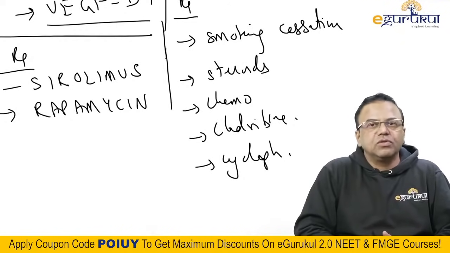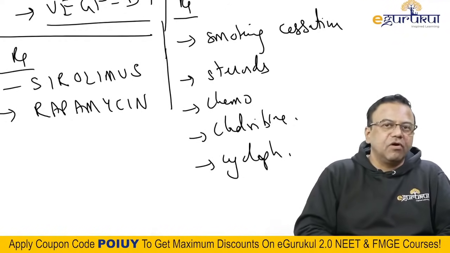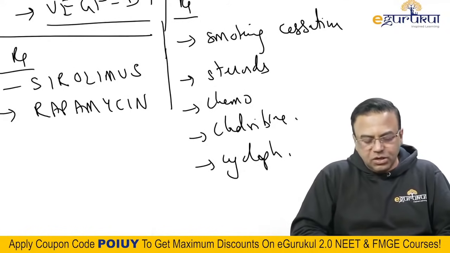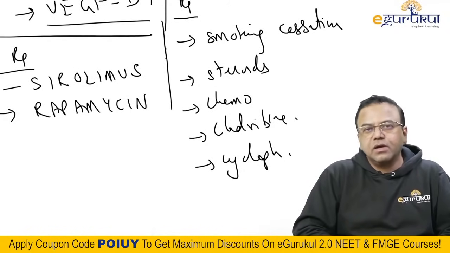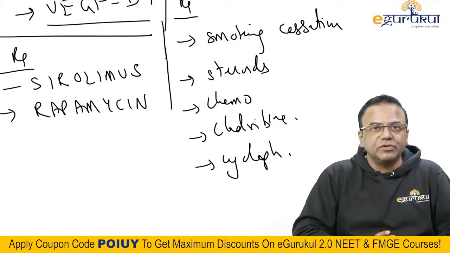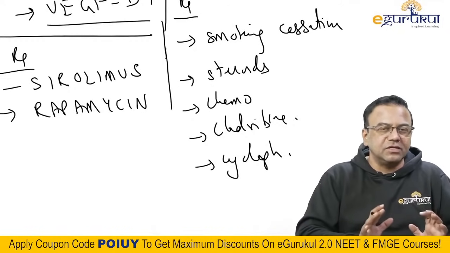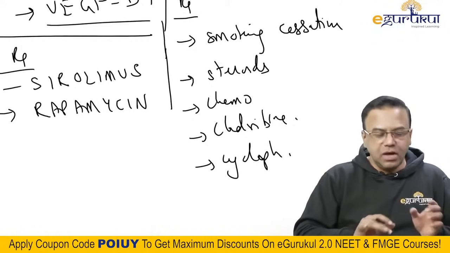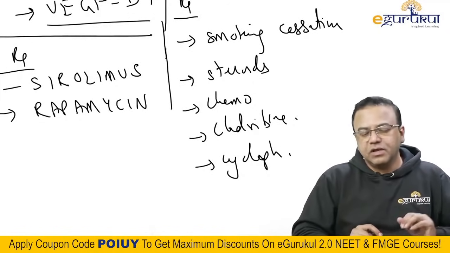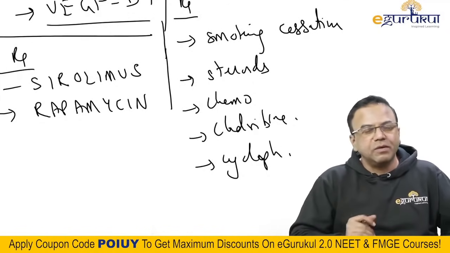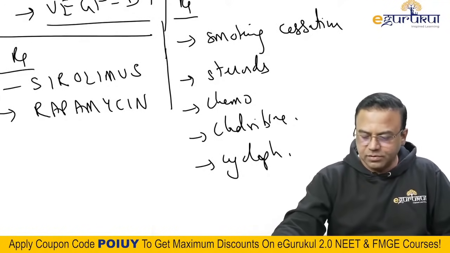I'm just listing one or two, but these are all the treatments tried for pulmonary Langerhans cell histiocytosis. So remember these points to tell whether the MCQ is going towards lymphangioleiomyomatosis or pulmonary Langerhans cell histiocytosis. Whenever they say cystic disease of the lung, think about these two.